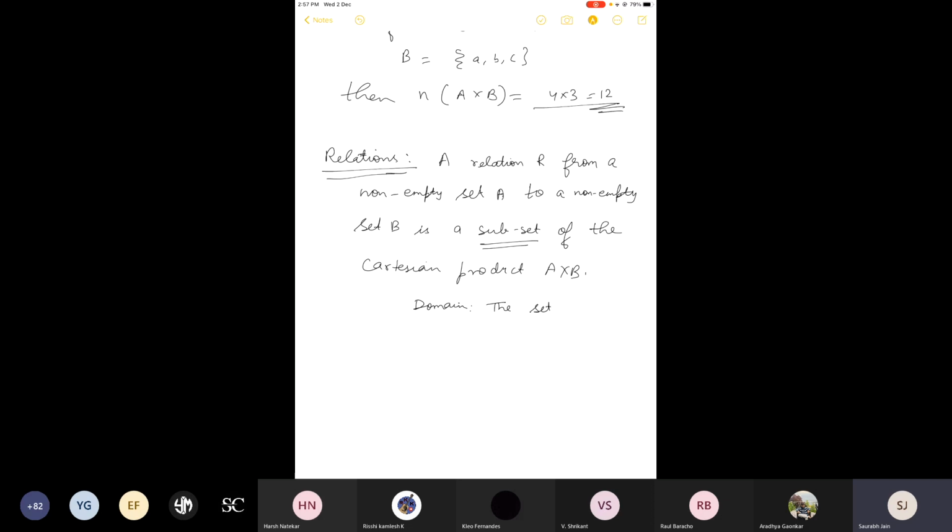We will take an example, you will understand everything. The set of all first elements in a relation R is called domain of relation R. Range: set of all second elements in a relation R. They are called range of relation R.